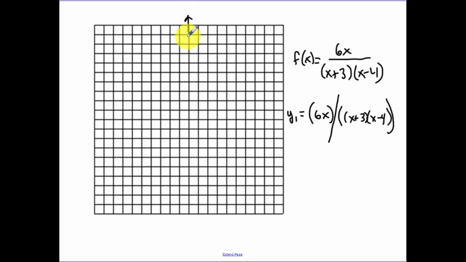All right, putting in my x's. Now putting in the x's, we can now put in our asymptotes. Our vertical asymptotes were -3 and +4.